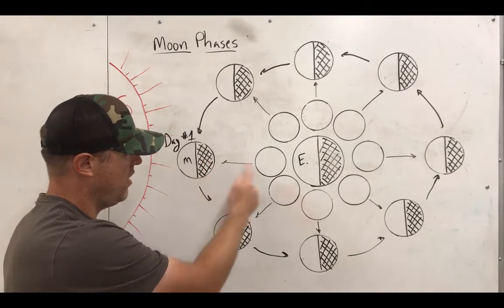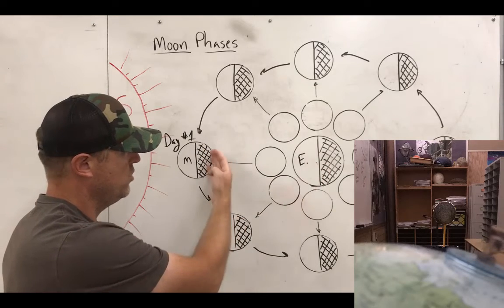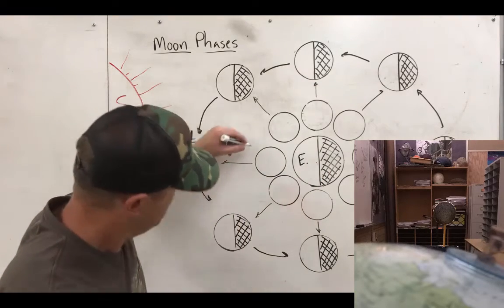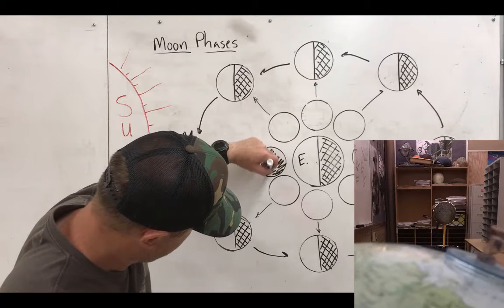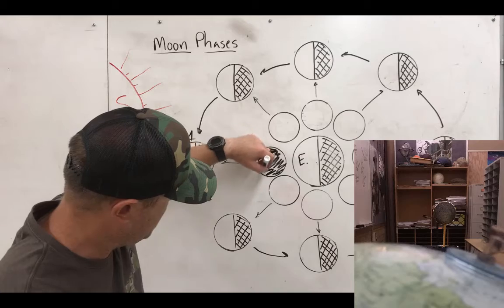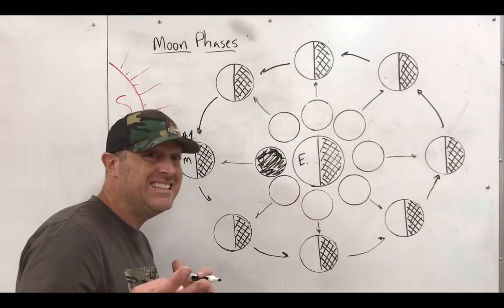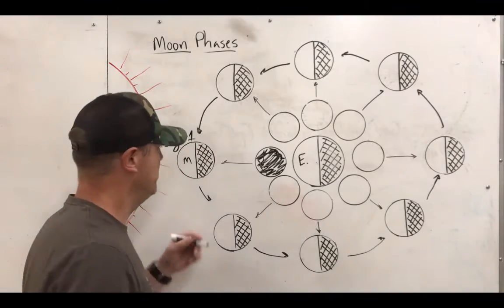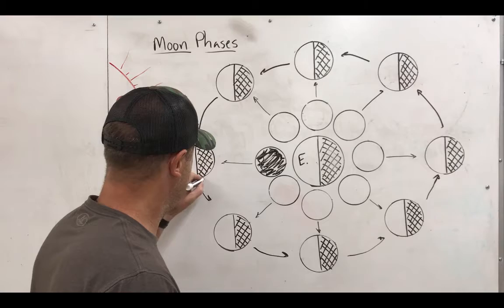I would see that this whole side, the side that's facing us, would be in darkness. Completely dark. I'm not going to shade it all the way in. That moon phase is called a new moon.